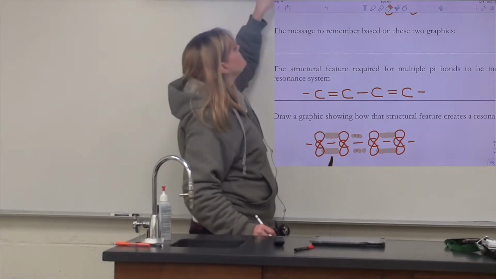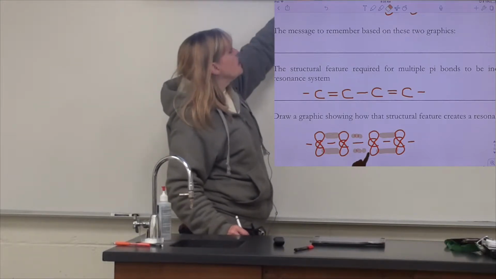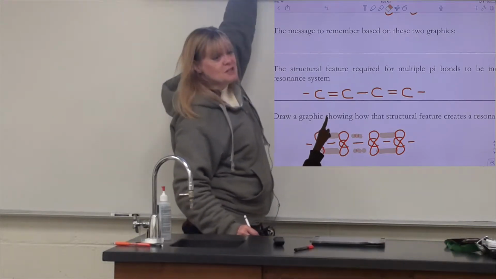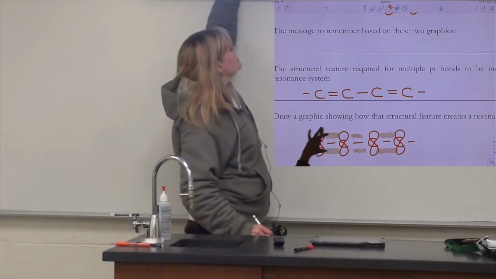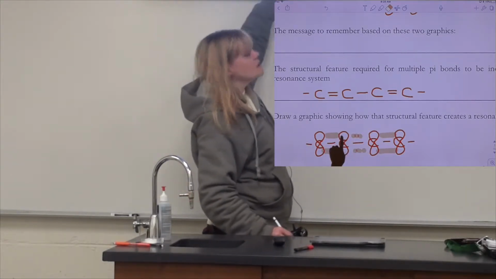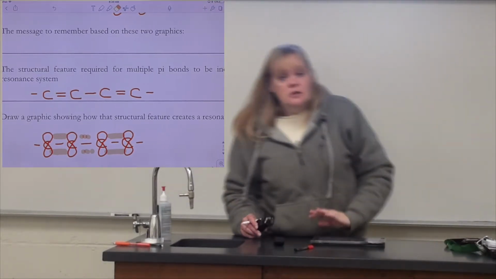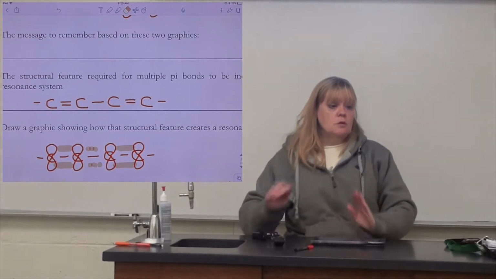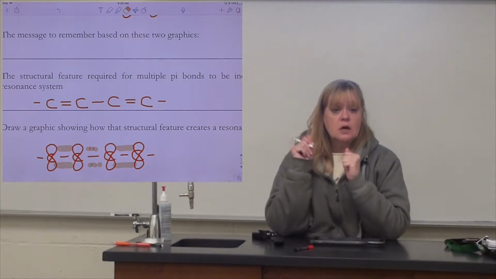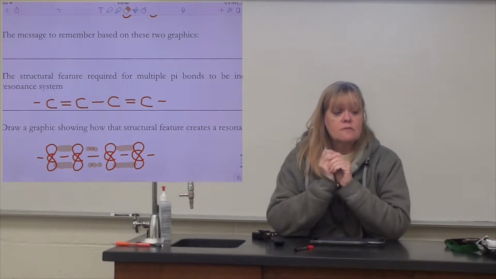So although there's no difference here in the overlap, I was just trying to match it up to this drawing up here so you could see that's where the original double bond is, and that's where the original double bond is here. But oh look, you can overlap this too. So when you're working a problem and you see that structure, you are thinking of resonance as being a stabilization feature as part of the reaction.